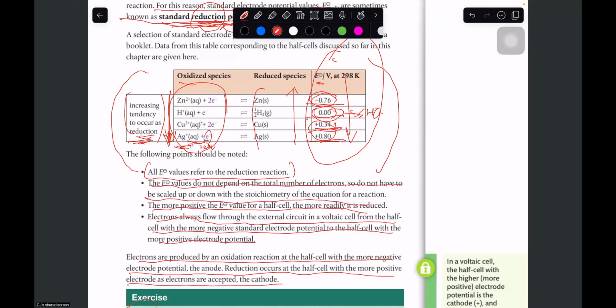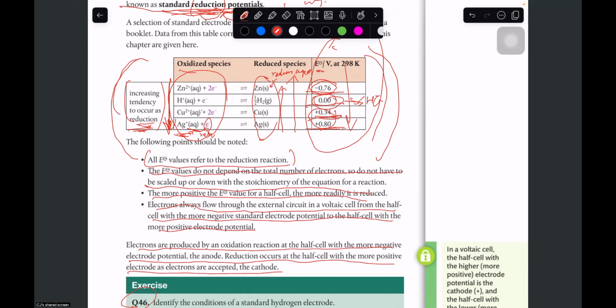On the other part, if the element is at the head of this table, we know that it is more powerful to provide electrons. So it is a good reducing agent. Okay, just this one.